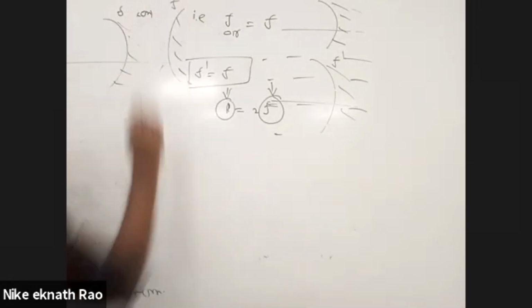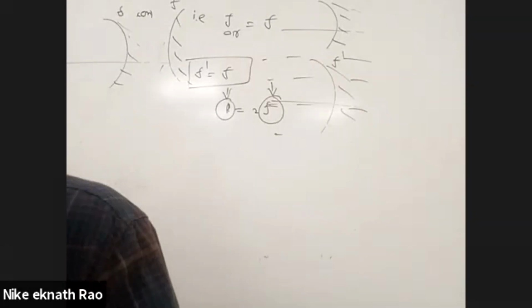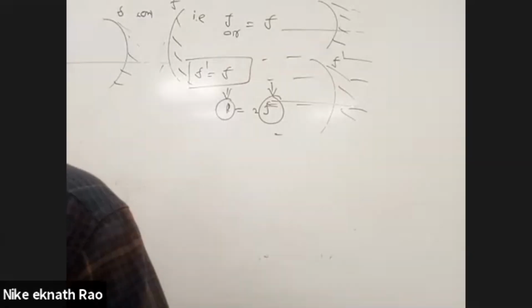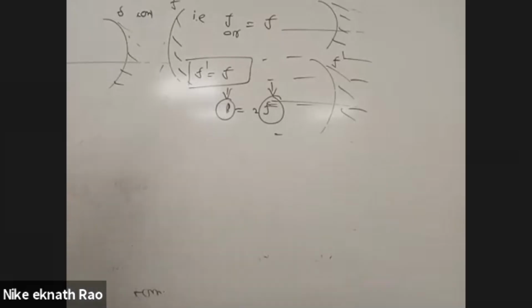Luminous means glowing. So a glowing point is moving at a speed v naught towards a spherical mirror of focal length f along its axis. Find the speed of its image.